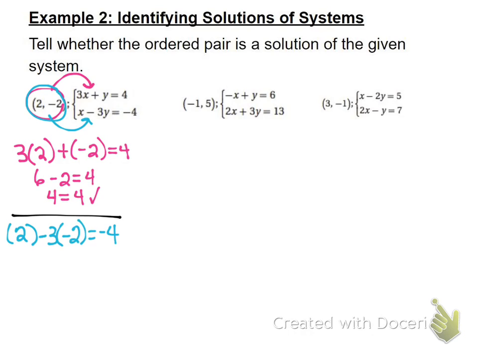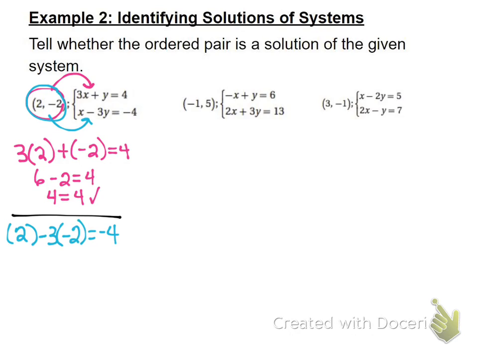Okay. All right, where do I start with this? How do I start simplifying my left side here? 2 minus 3. No, order of operations. PEMDAS, remember? Do you see any parentheses? Yeah, but not a group of numbers in parentheses. Do I see any exponents? No. Any multiplication? Negative 3 times negative 2.